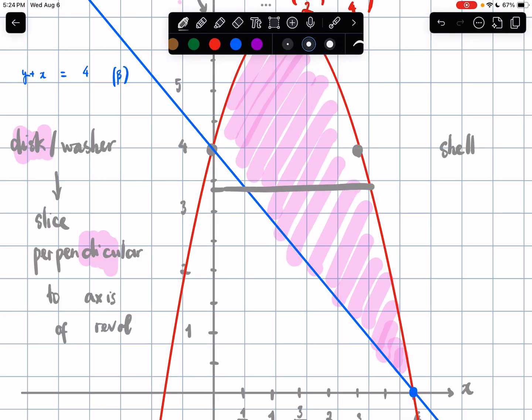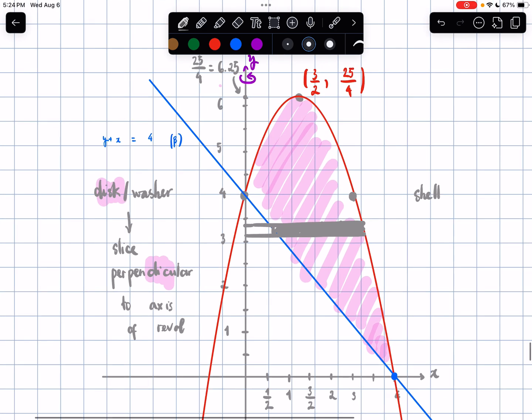If we slice perpendicular to the axis of revolution, what we obtain is this thin part, and then we revolve it about the y-axis. We get a washer. This length here gives us the outer radius, and this length from here to here gives us the inner radius.